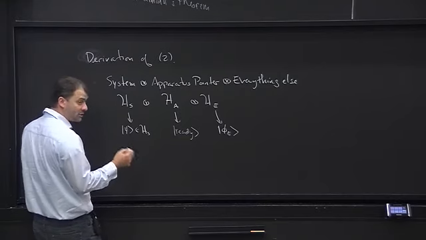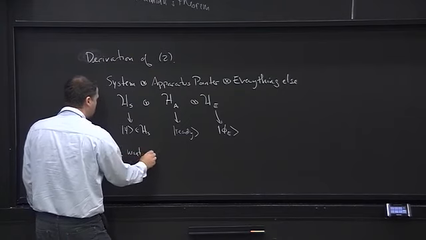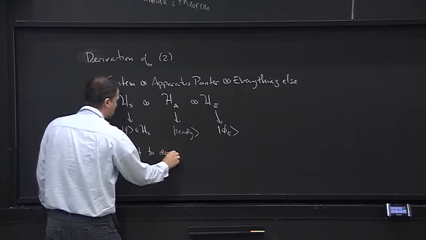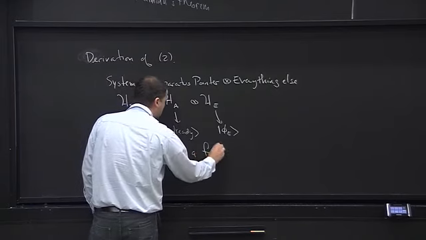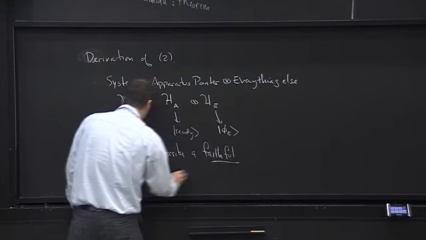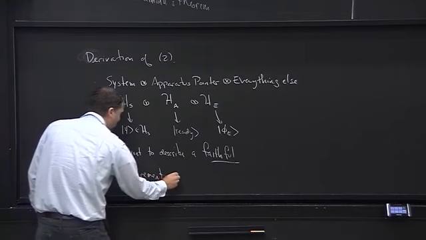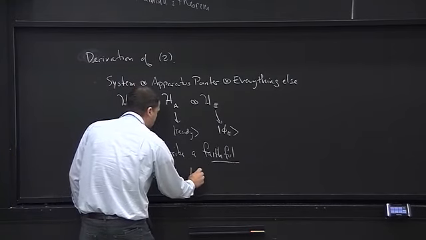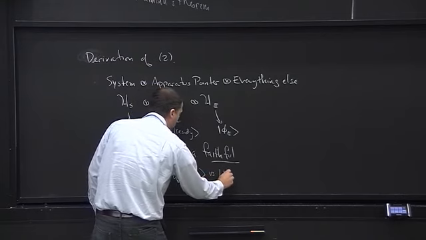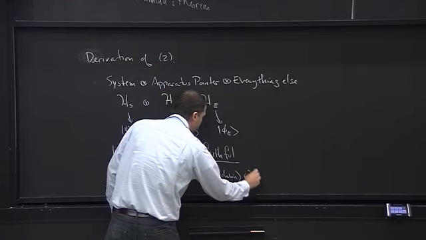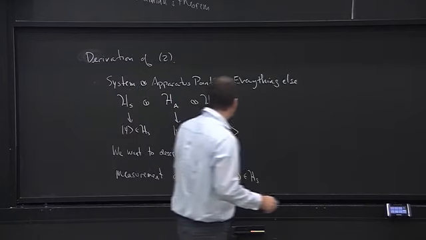So the goal is to do a measurement, okay? We want to describe a faithful measurement of up versus down, which are elements of my system Hilbert space. So what does a faithful measurement mean?